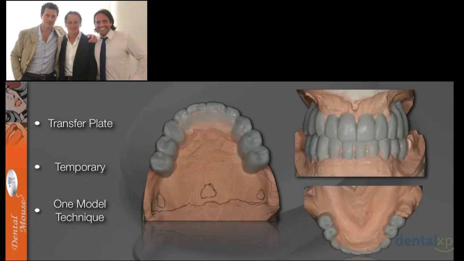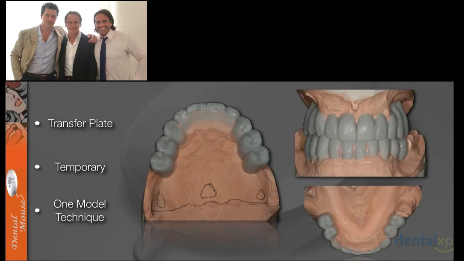Until now we just collected information that is going to help us finalize the case. From this diagnostic wax-up, Luca is going to build a transfer plate, which we're going to see in more detail, that is one of the keys of the one model technique.